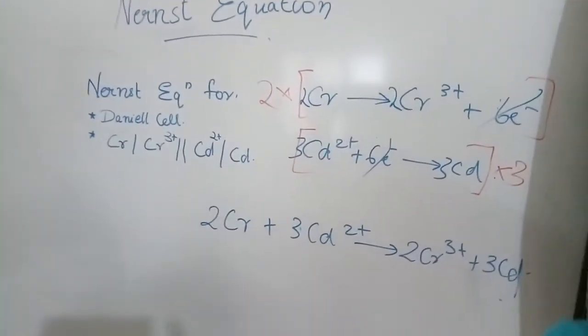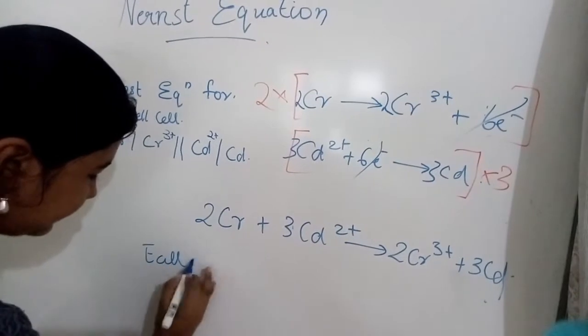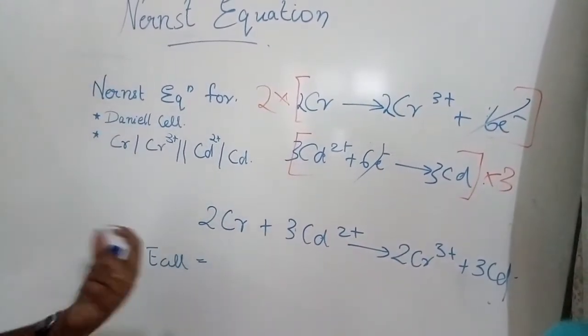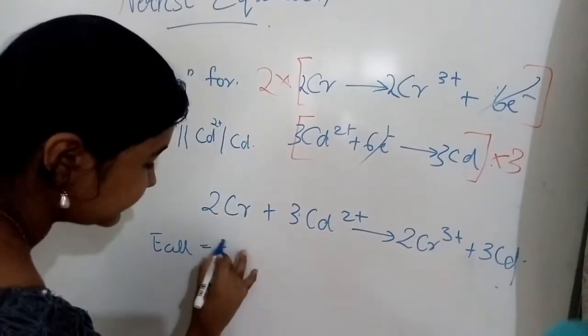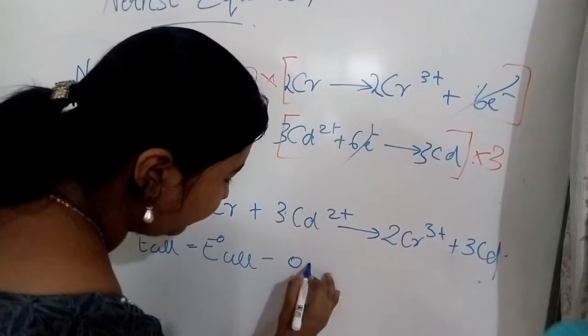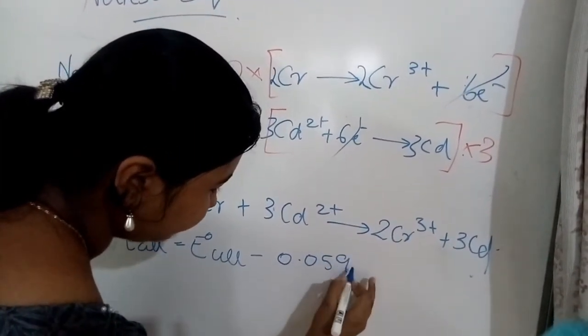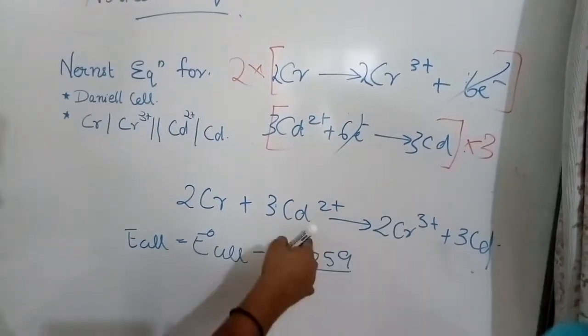Now the Nernst equation. The Nernst equation is E cell is equal to, E0 cell is not mentioned in the question, so we have to write it as E0 cell itself. It's just the representation. E0 cell minus 0.059 divided by, what is the number of electrons over here?